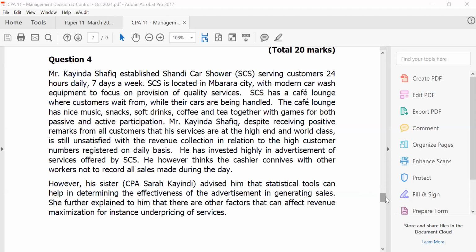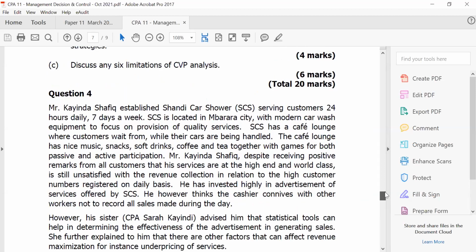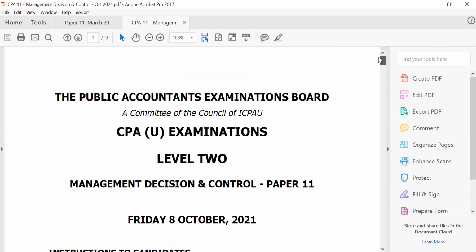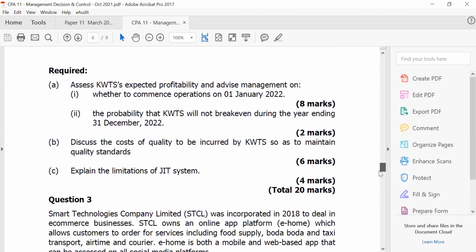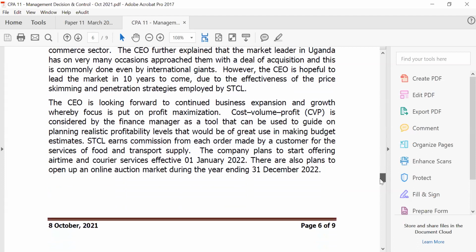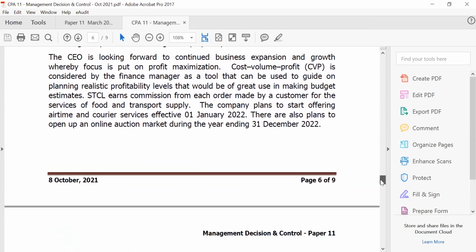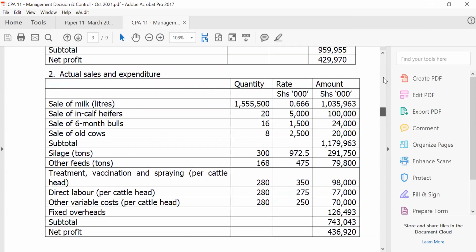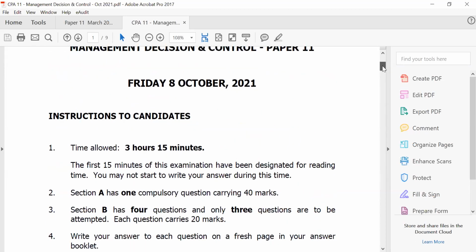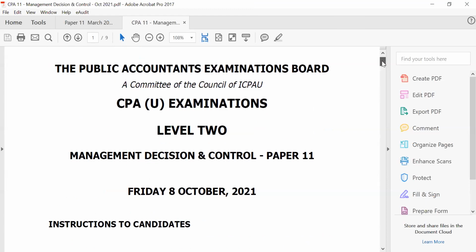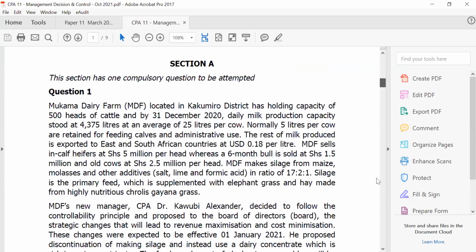We are here to do some revision, and today we want to look at linear programming, more specifically the Simplex method. To guide our discussion, we are going to use a question in the CPA paper of October 2021.